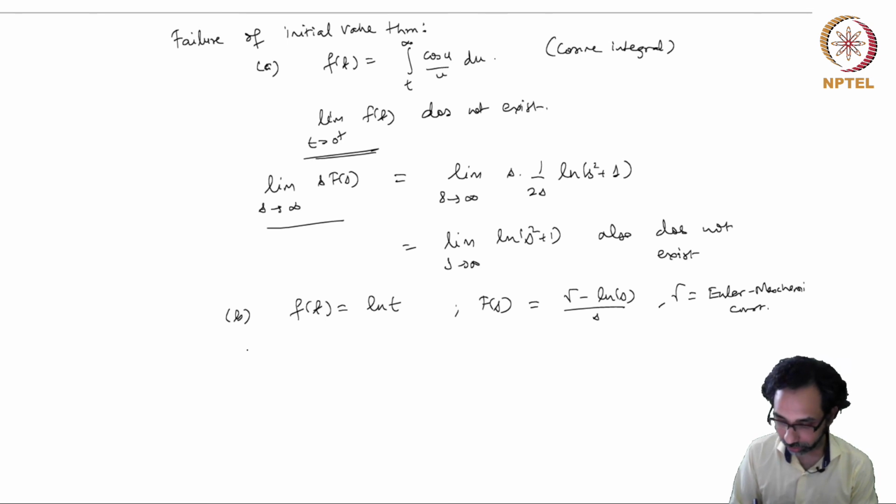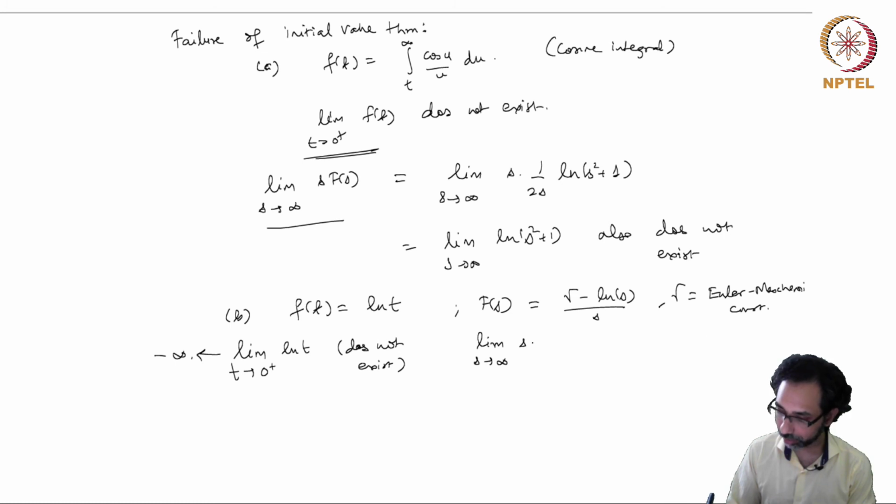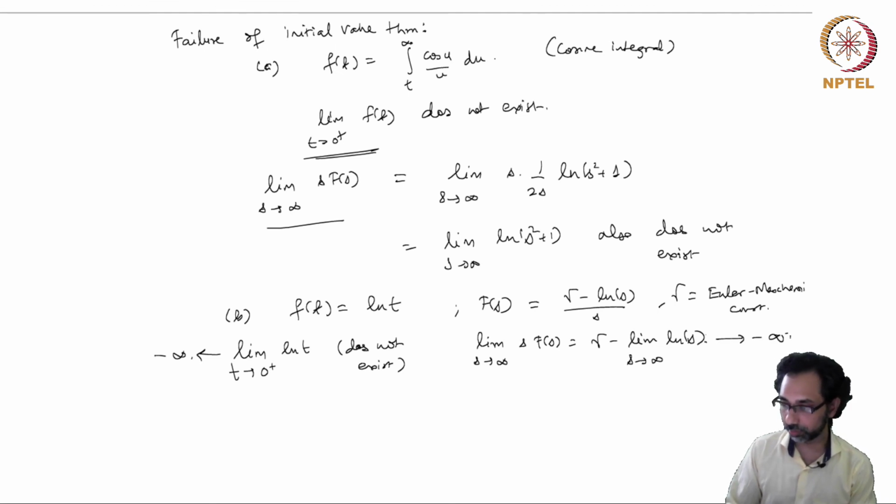If you take the initial value for ln t, this does not exist and goes to minus infinity, and if you take the limit as s tends to infinity of s F(s), this is minus gamma minus the limit as s goes to infinity of ln s, so this also goes to minus infinity.